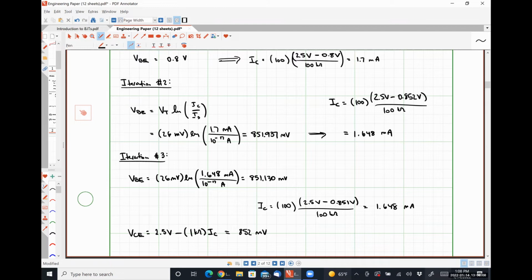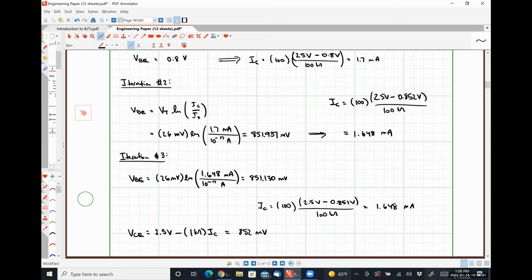So if we want to push things for this biasing scheme more into the forward active region, we need RC to either be smaller or RB to be larger. That seems reasonable.